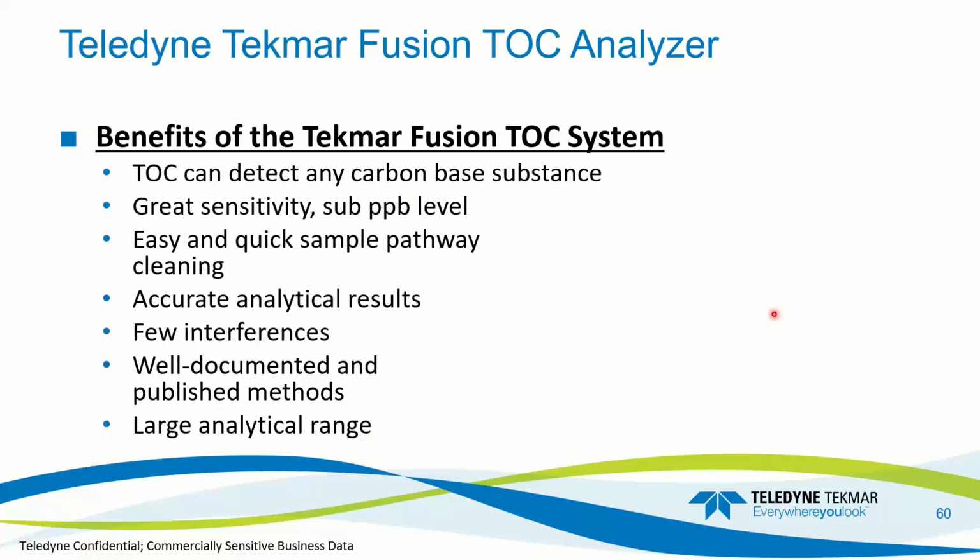So we can see the Fusion can be used from the sub-ppb levels up to the ppm levels to encompass everything that we need to do for our pharmaceutical validation process, cleaning validation, USP 643, and also other processes such as butterfly injection and other bulk or sterile analysis that we have to do.